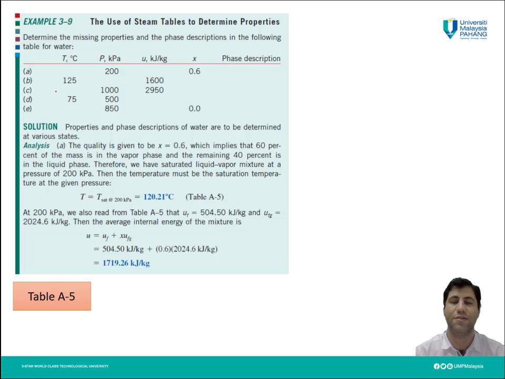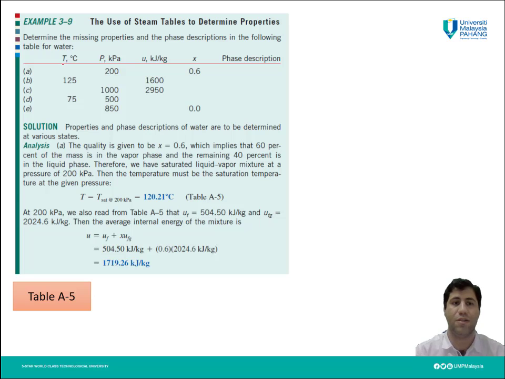Here is an interesting example of how we can use the information I told you about the tables to complete this table, which has some parts missing, and we are going to fill this table by the techniques and methods which I told you in this session about the thermodynamics table. So let's see how we can fill the missing places in this table.